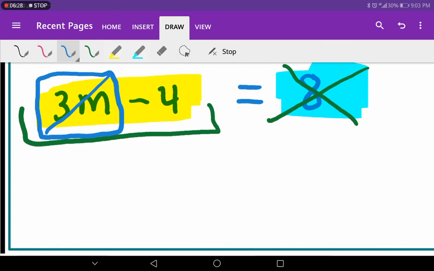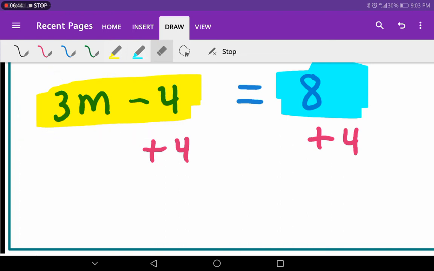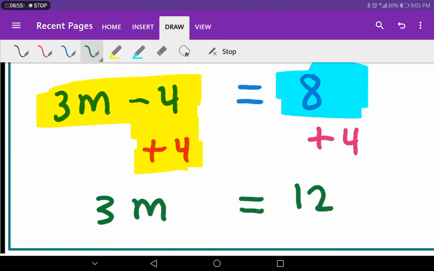Yes, plus 4, plus 4. Okay, I return everything as it is. Now this will be eliminated, the 3m coming down. And this is equal to 12. Now the last step, I divide by the coefficient, which is 3.